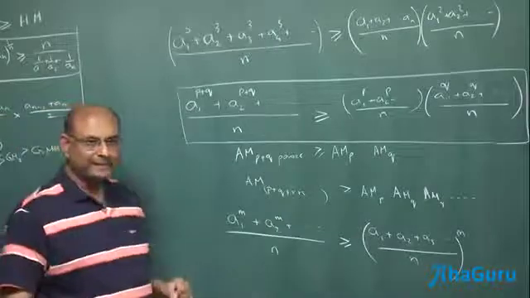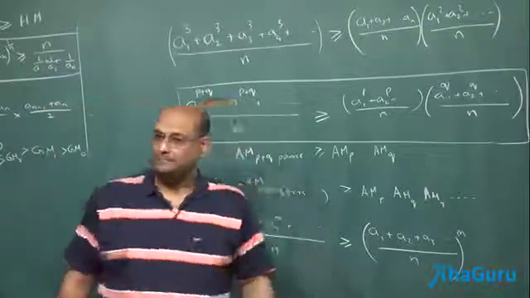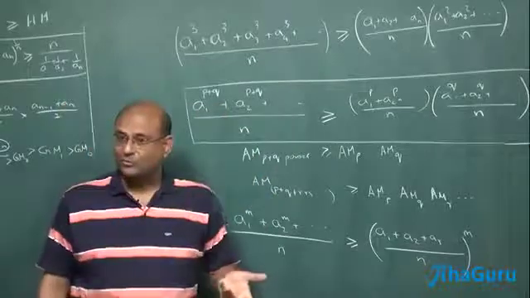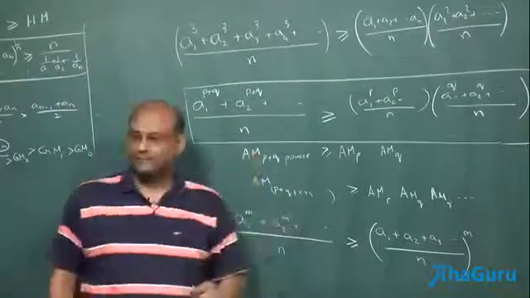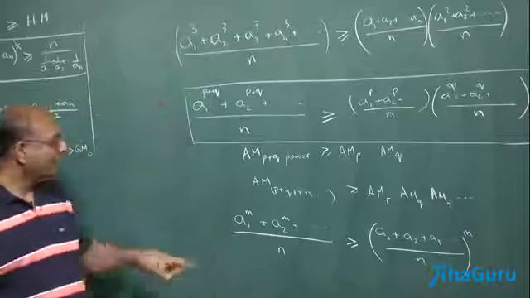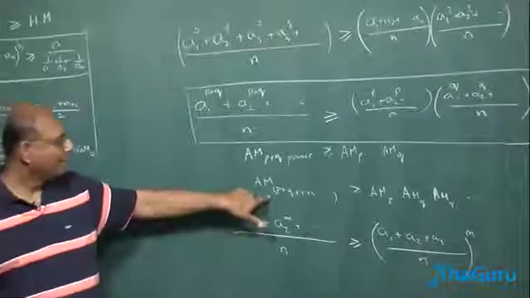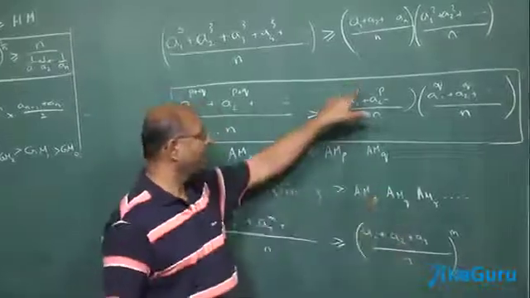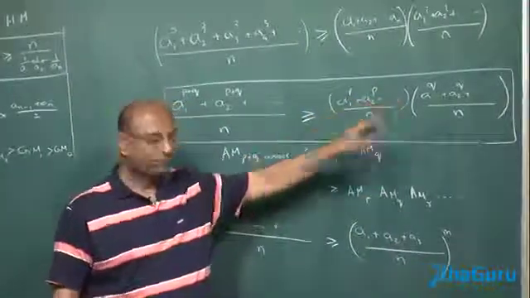Suppose I made P 1 by k, Q as 1 by k. This is valid for all sorts of P and Q. Suppose I made all of them 1 by k. Then what will happen? I will get m by k. And then what will happen there? I will have 1 by k, 1 by k, 1 by k, 1 by k, 1 by k, right? Power m.